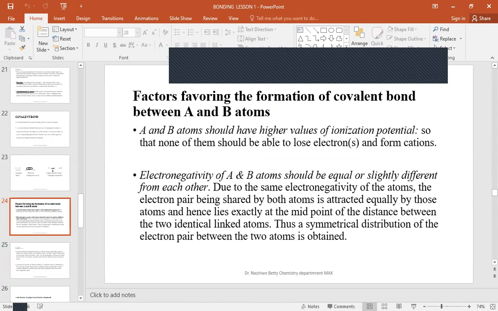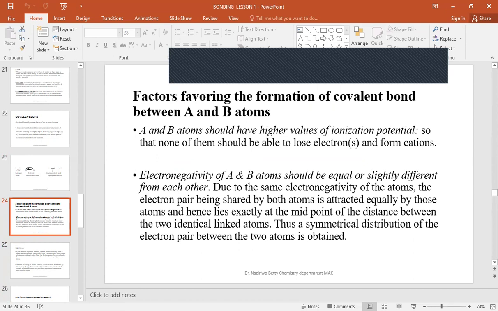Factors favoring the formation of a covalent bond. Let us consider atoms A and B. These two atoms must have a high value of ionization potential so that they don't lose electrons.